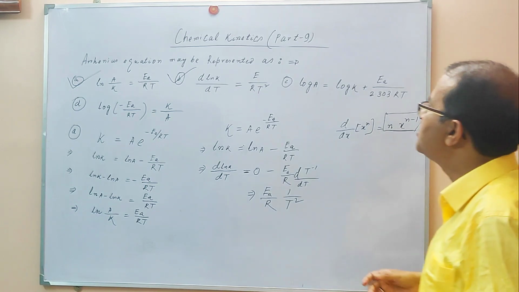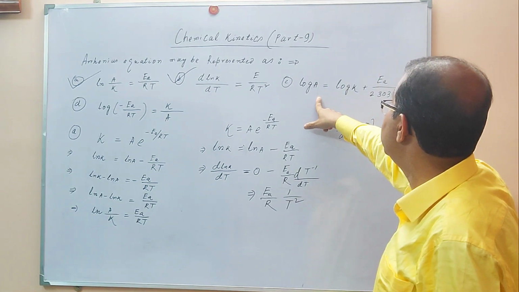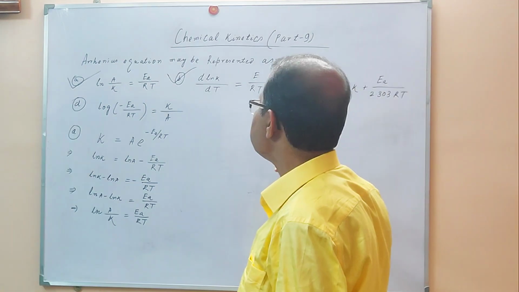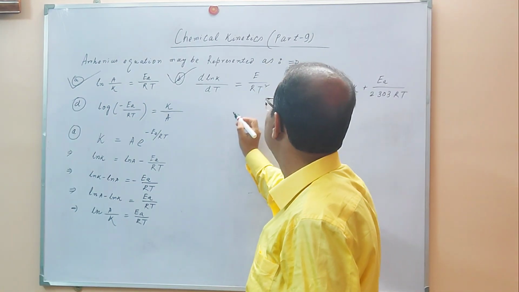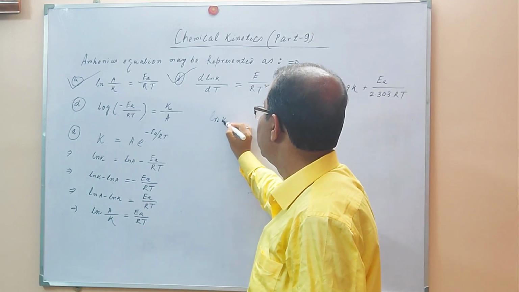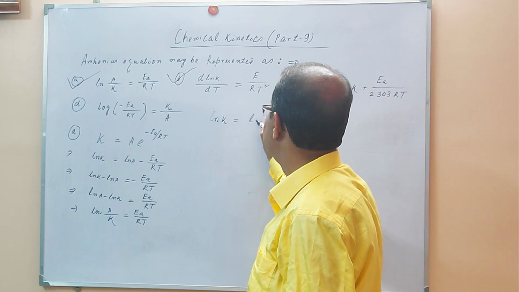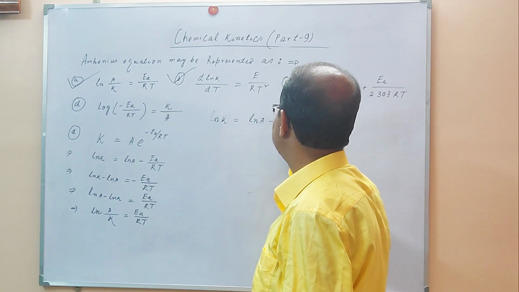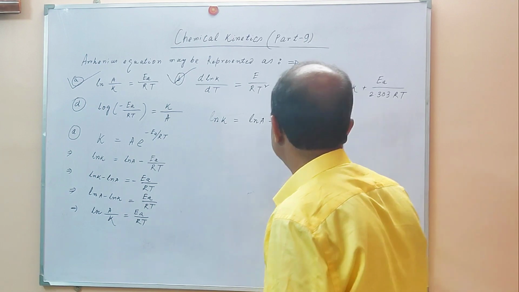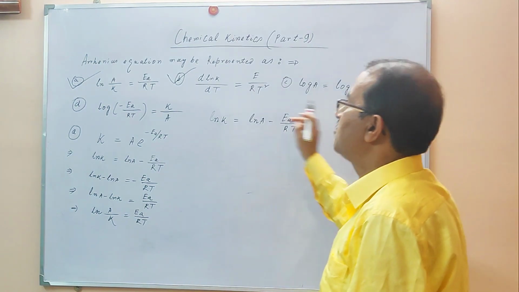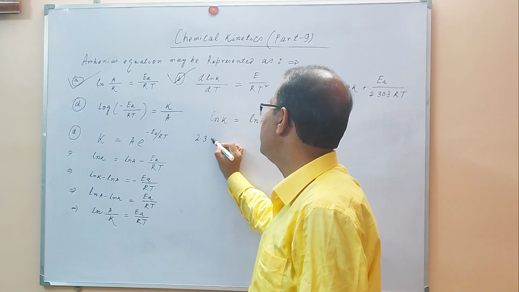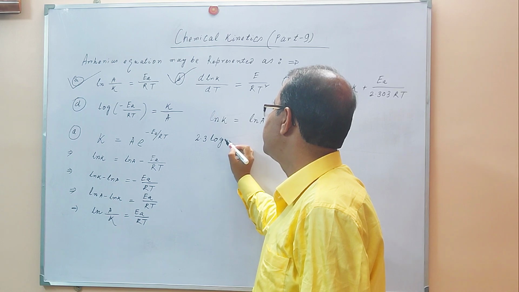Okay. Now we see whether this expression is correct or not. Again we know ln k equals ln A minus EA by RT. Now we are just converting this natural log into the log with base 10.